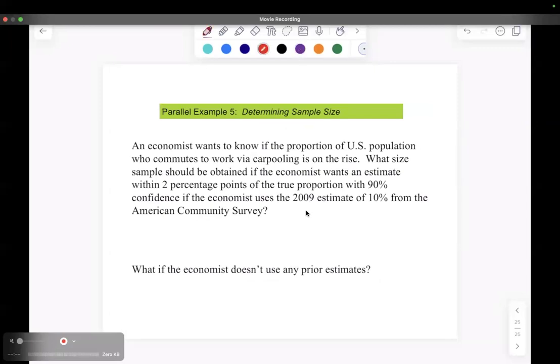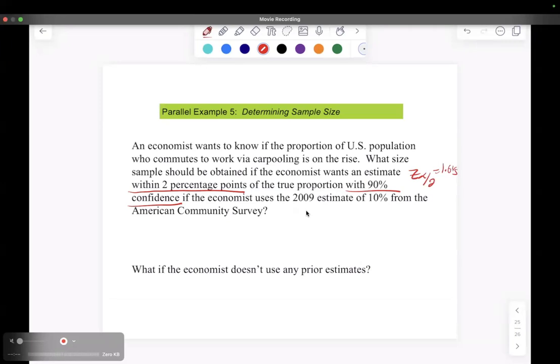Okay. So an economist wants to know if the proportion of the US population who commutes via carpooling is on the rise. So we need to figure out our sample size. If we want within 2 percentage points, we're going to use a 90% confidence interval, which is a 1.645. This is what we had on the last one, so that's why I know that.